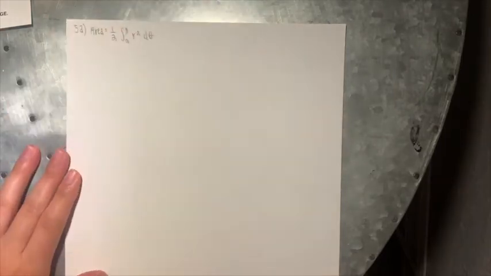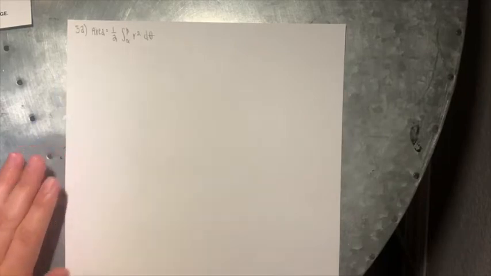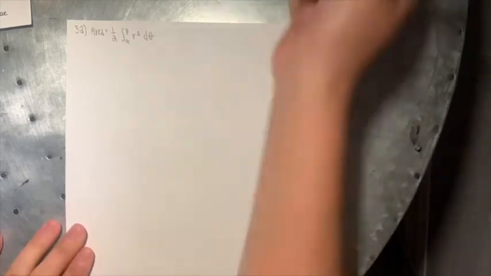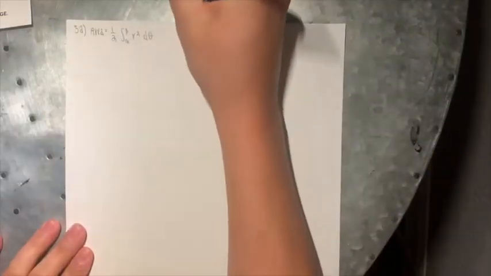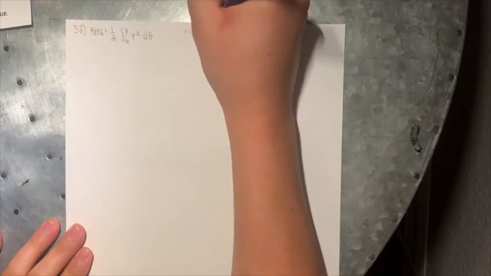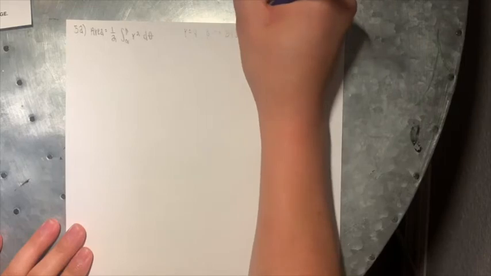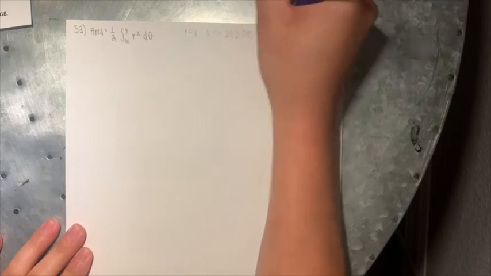Area equals 1/2 times the integral from beta to alpha of r squared d theta. Because it's given in our problem that r equals 4 and r equals 3 plus 2 cosine theta.